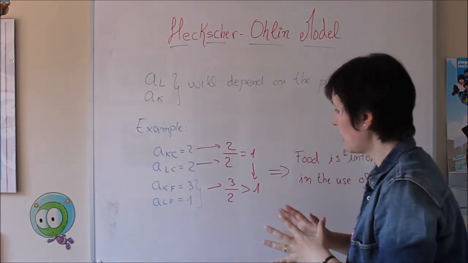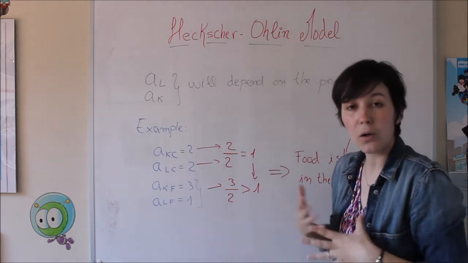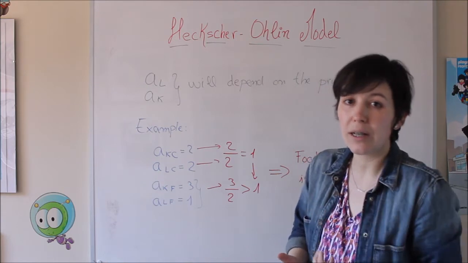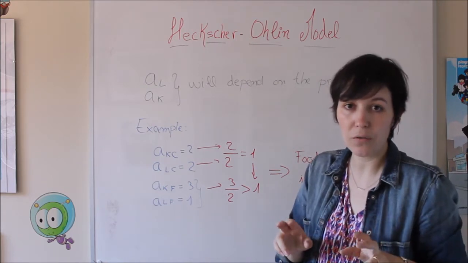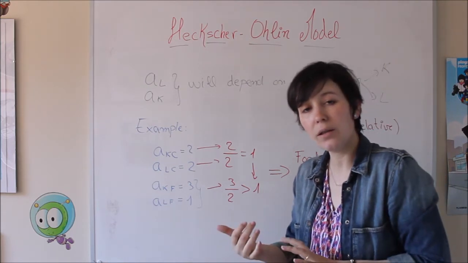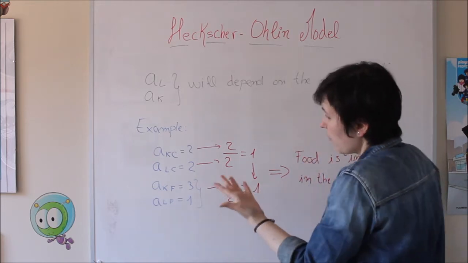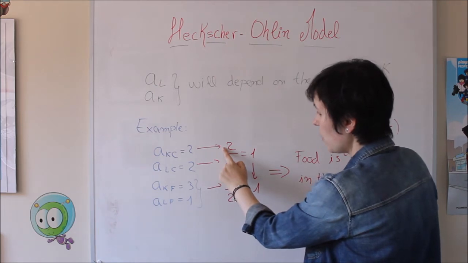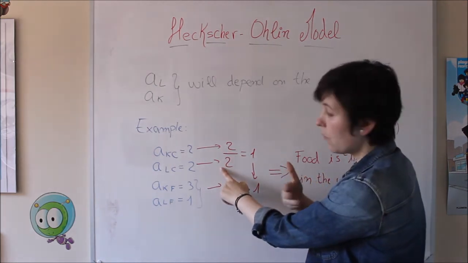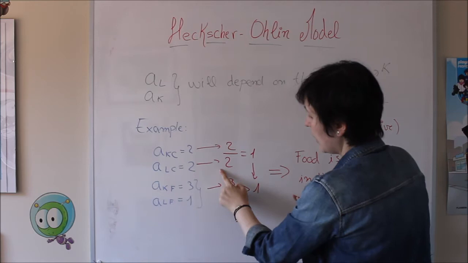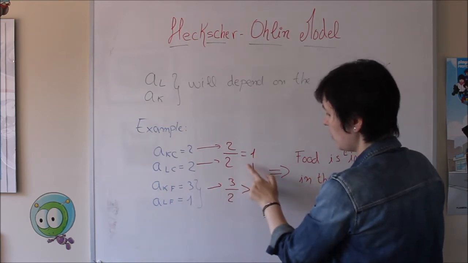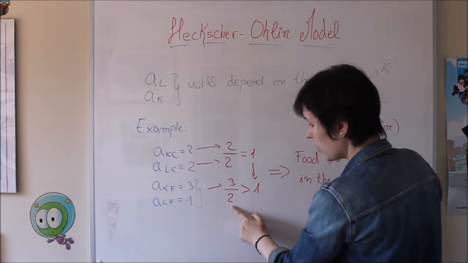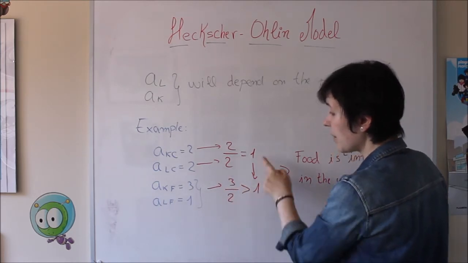So, just making a simple division, we are going to be able to observe which industry is more intense in one production factor and which one is in the other one. So here we have, for instance, units of capital used in the cloth industry divided by the units of labor in the cloth industry. So this division is equal to 1. Here we have capital 3, labor 1, which is higher than 1.